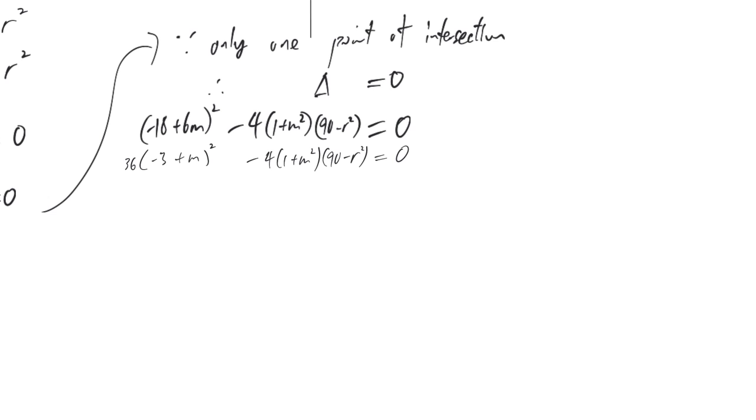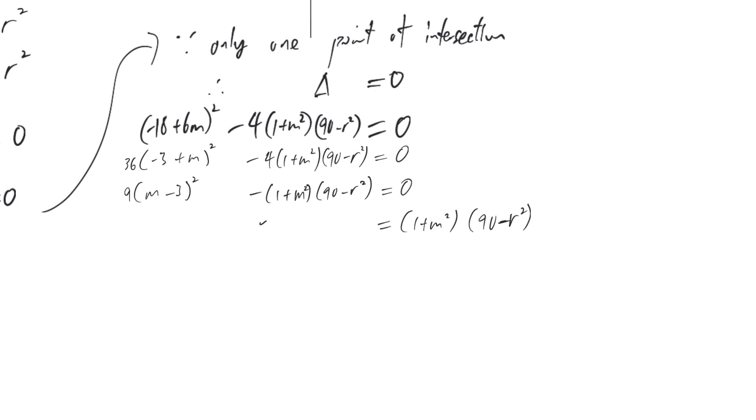Afterward, I will divide both sides by 4, 9 times, and then this one is m minus 3 bracket squared, divided by 4, so 1 plus m squared bracket 90 minus r squared. I realize our target is here, so it seems like an onion, we try to remove everything next to it, outermost layer first. So we have 1 plus m squared equal to 90 minus r squared.